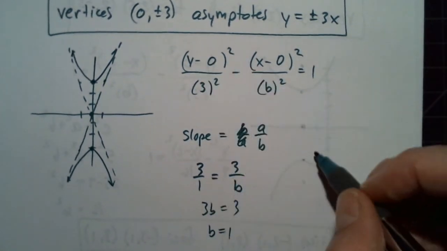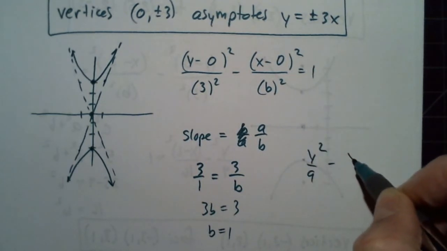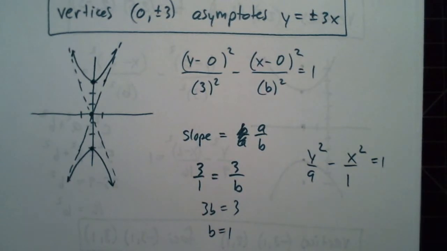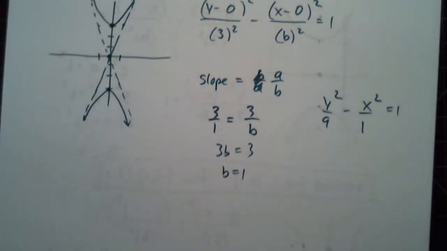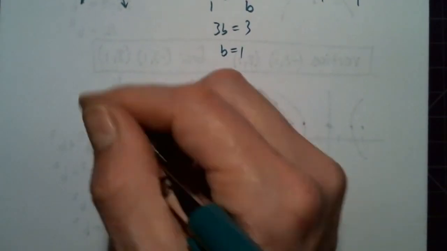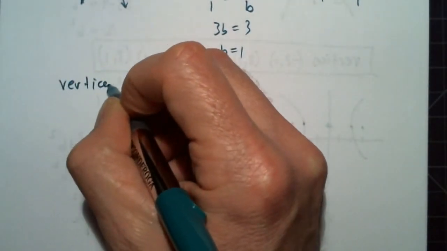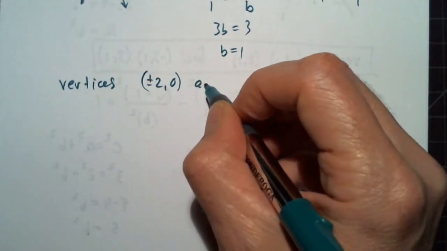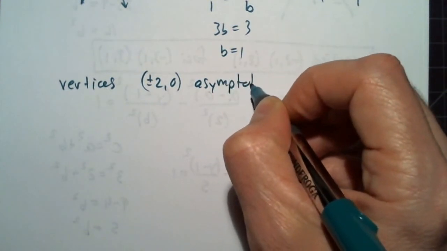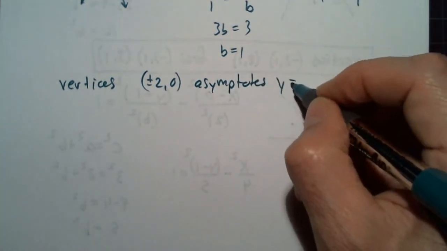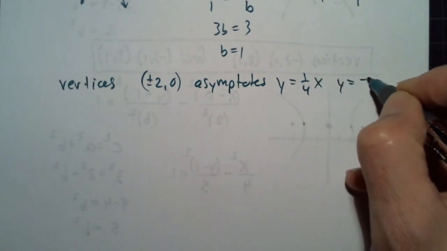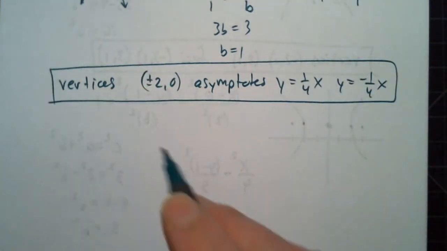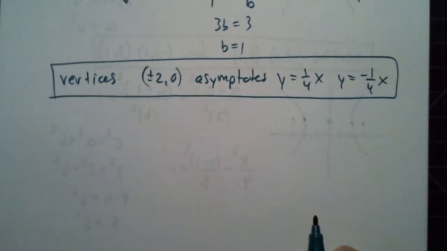So the equation is y squared over 9 minus x squared over 1. Pause the video and try that one.